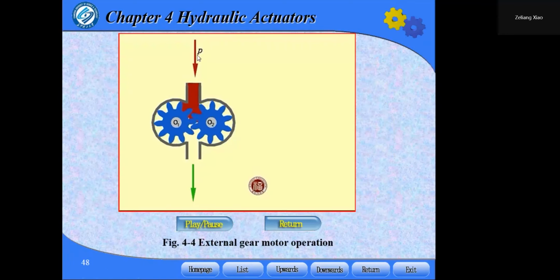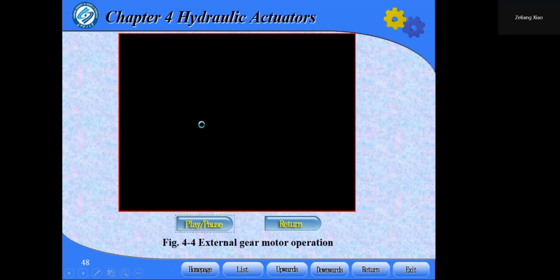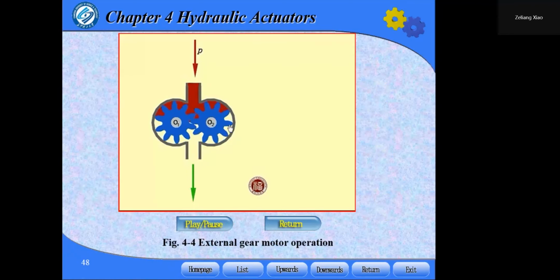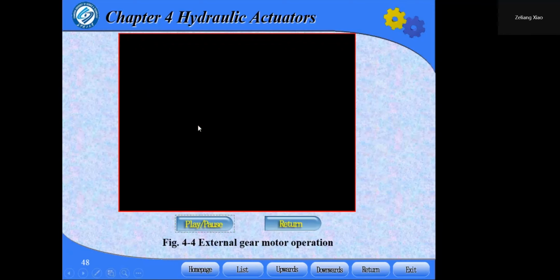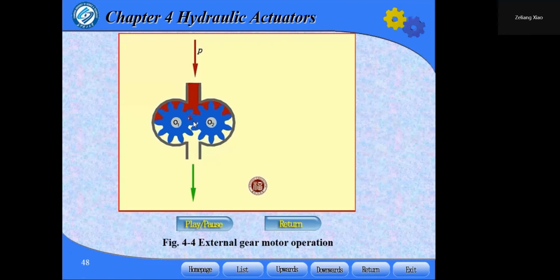The oil goes into the device in this direction and out of the device. Here is the driven gear. They are meshed at this point.